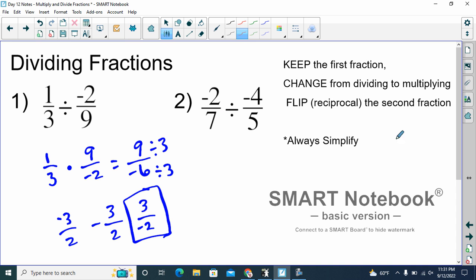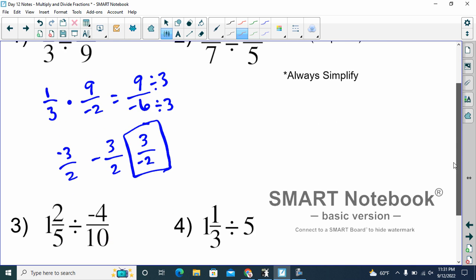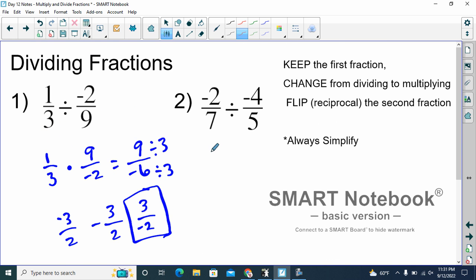Number 2, if we do keep, change, flip here, I have negative 2 over 7 times 5 over negative 4.